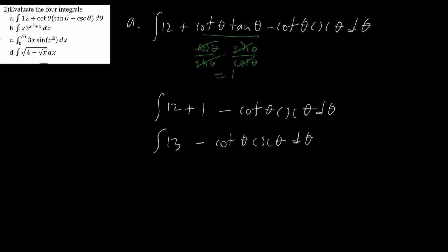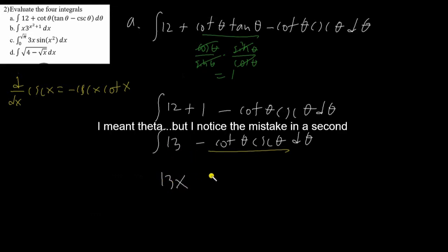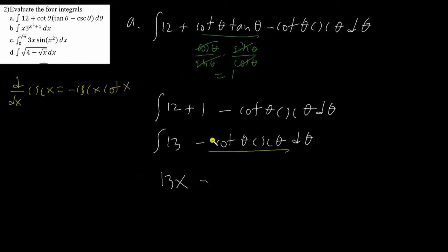And then to simplify this bottom part here, you're going to need to know that the derivative of cosecant is negative cosecant cotangent. So the integral of negative cosecant cotangent is going to be cosecant. So that means I can solve this integral, and I can take the integral of 13 as 13 times x divided by 1, so 13x, and then minus this part.